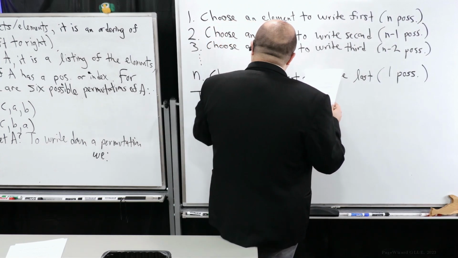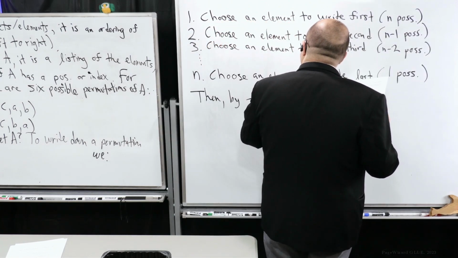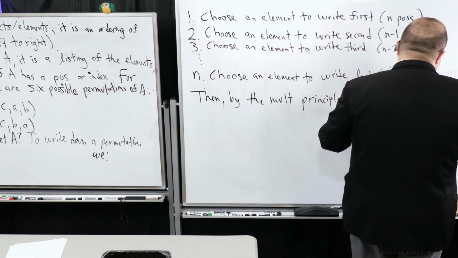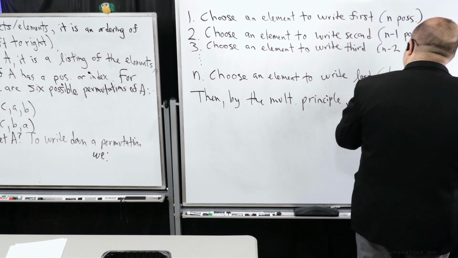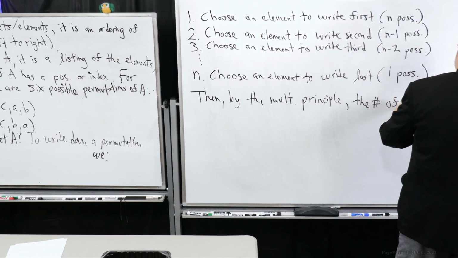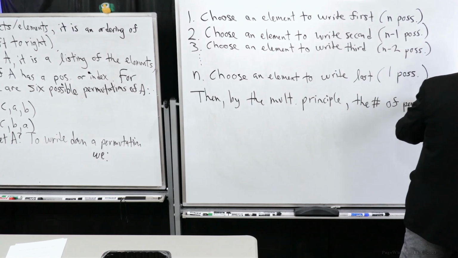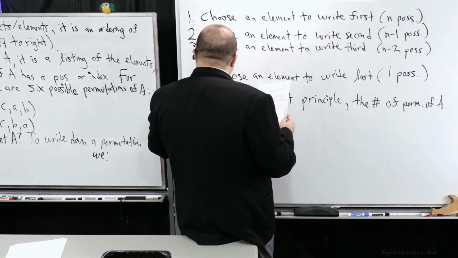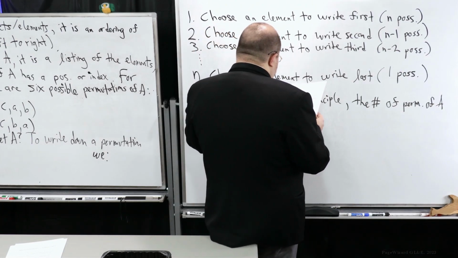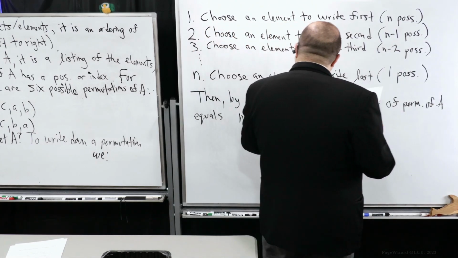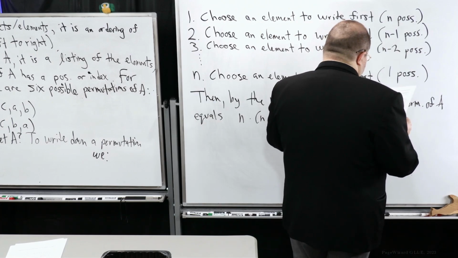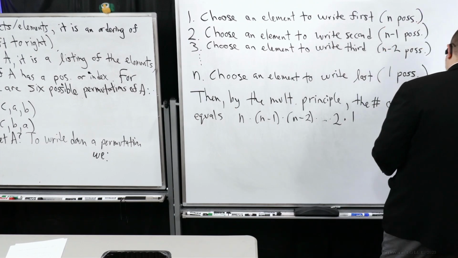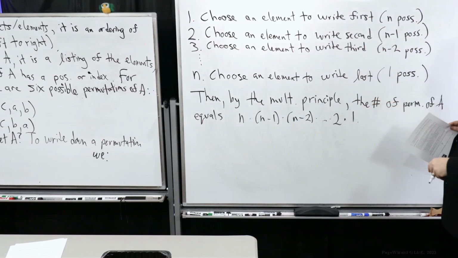So then, by the multiplication principle, the number of permutations of A equals n times n minus 1 times n minus 2 times all the way down to 2 times 1. And we actually have a very special name for this.